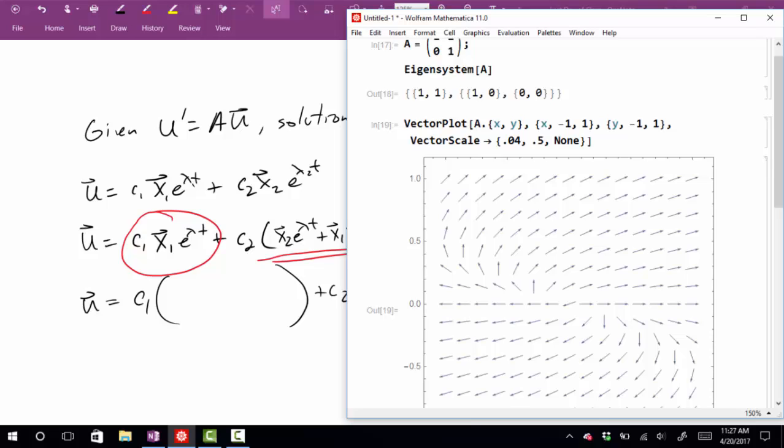That's because the other eigenvector is hidden in that more complicated second solution. Any questions there? Without even knowing what this system looked like, if you gave me this vector plot, I can tell you what the one eigenvector is, and I can tell you that we're in the repeated root case. Those are things we want to be able to take away from the vector plot.